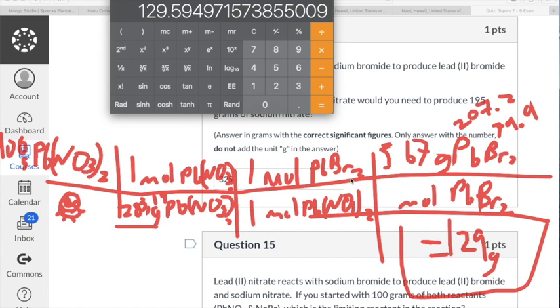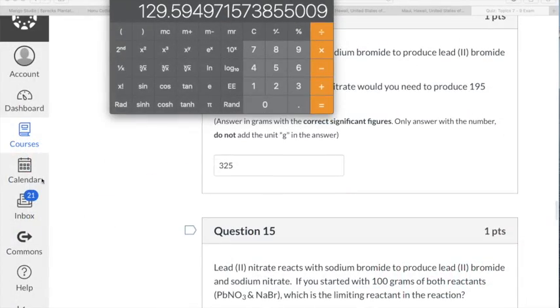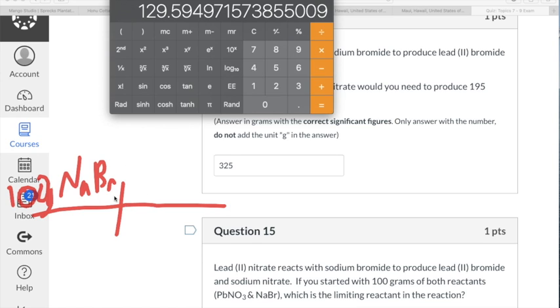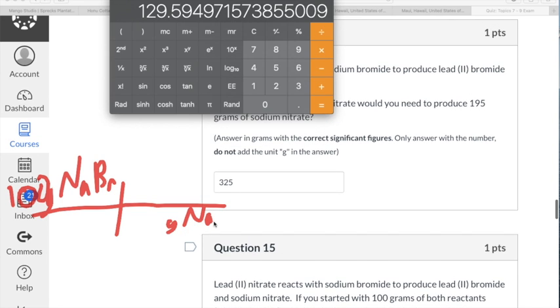All right. So now we need to do the same thing with our sodium bromide. I'll start off with my 100 grams of my NaBr, and I'll go from grams of NaBr to moles of NaBr.